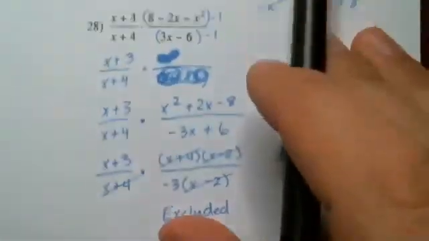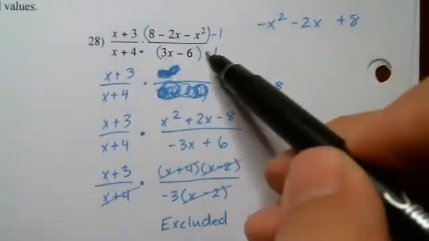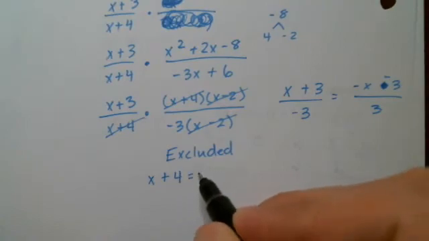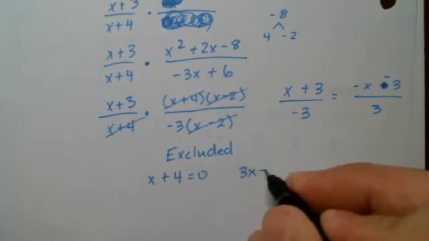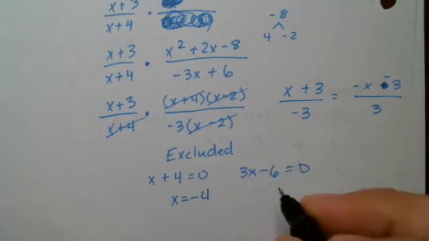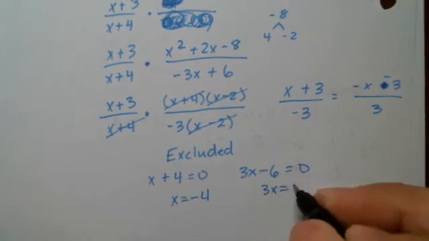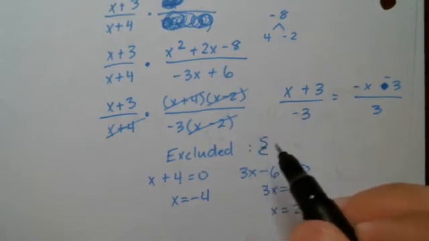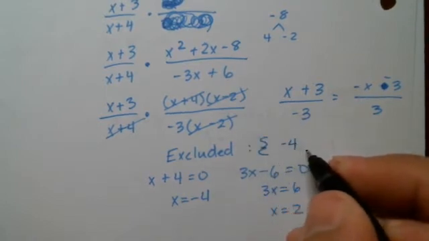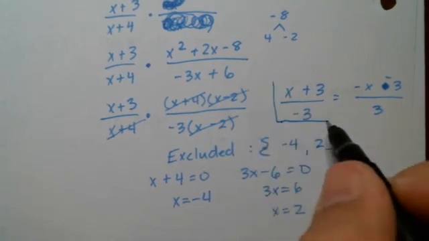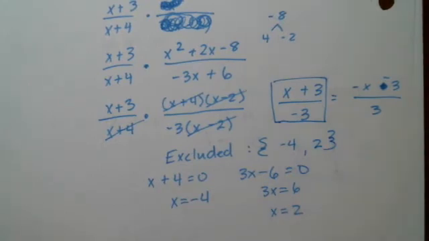Set these two denominators right here and here equal to 0. So x plus 4 is equal to 0, and 3x minus 6 is equal to 0. So x is equal to -4, and 3x equals 6, x equals 2. So my excluded are -4 and 2. And this right here would be my answer. Either one of those would work.